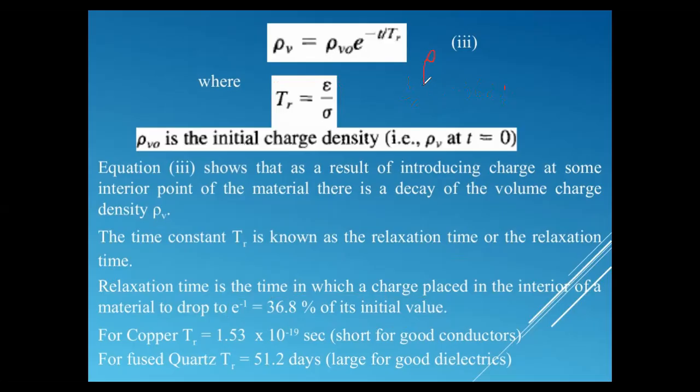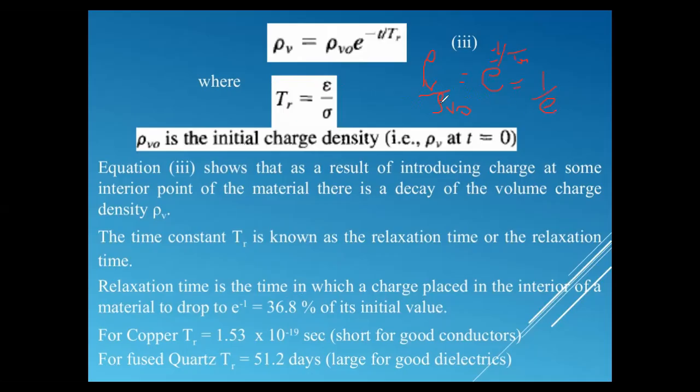No issue. You see equation 3 on the top. Can I write this as rho upon rho v naught is equal to e to the power minus t by tr? Now, if I put t equal to tr, then I will write this as 1 by e.